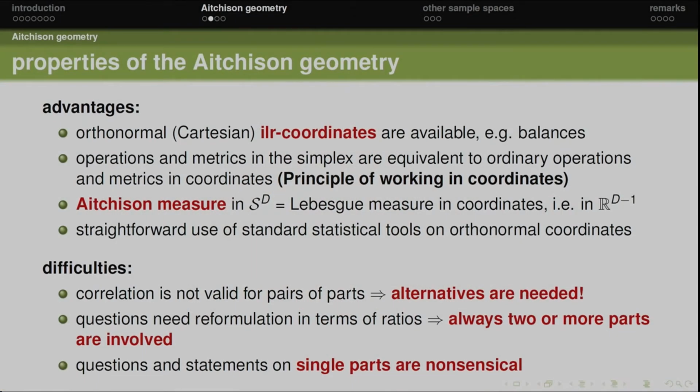Which are the difficulties? Correlation in terms of parts of the original components of a composition does not work for compositional components. We need alternatives, and we will see tomorrow some search for alternatives based on proportionality.